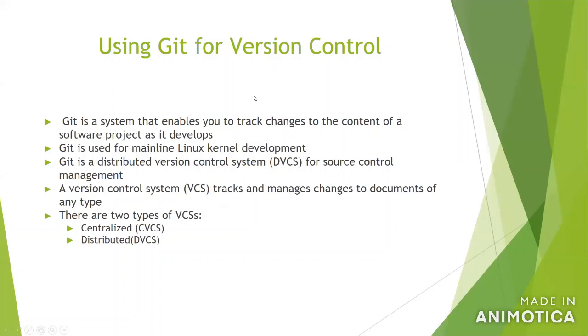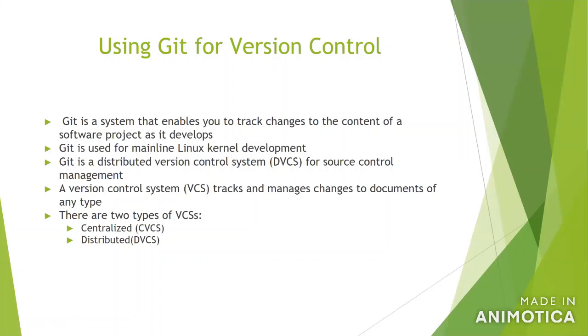Okay. And another very useful tool for Linux system is Git. Okay. And nowadays everyone knows there is a website called GitHub. So the GitHub actually is built based on this Git system. Okay. So Git actually is a system that enables you to track changes to the content of a software project as it develops.